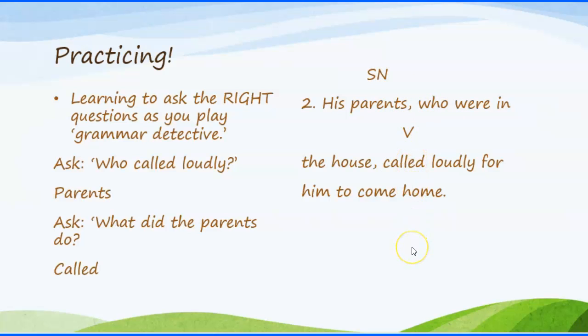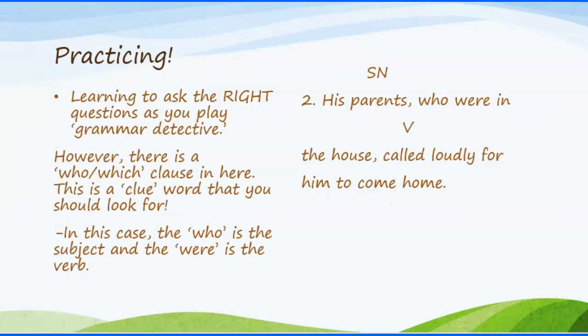But this sentence is a little bit longer. We have the "who were in the house," and we have "for him to come home." And so we have to consider what those things are. If we go to our next slide here, we know we have to deal with this who, which clause, because who and which are clue words in our grammar detecting that we have to look for.